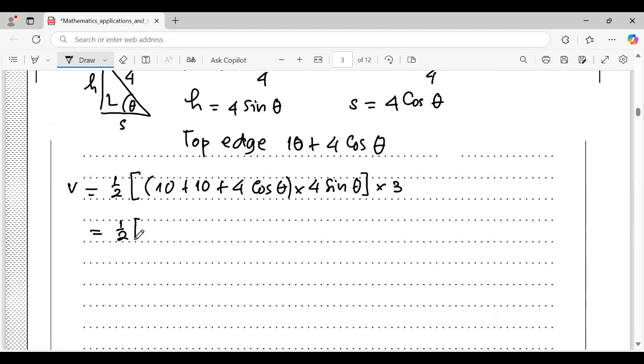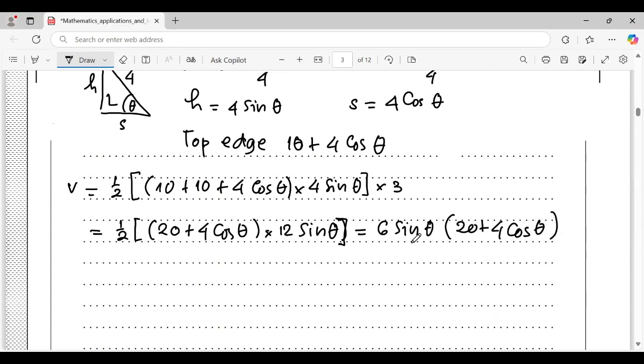1 half times 20 plus 4 cosine theta and 3 times 4, 12 sine theta. And next, 12 sine theta times 1 half becomes 6 sine theta times 20 plus 4 cosine theta. 6 sine theta.